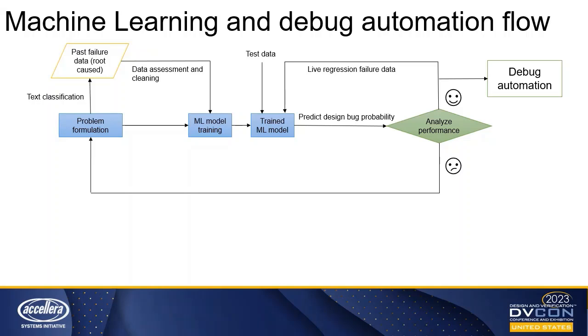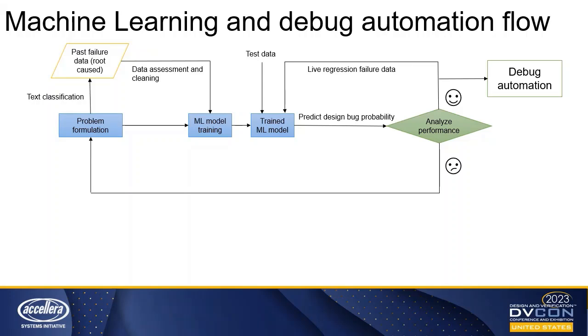As real-world data generally contains a lot of noise, data assessment and cleaning follows data collection. Once clean data is available, it is used to train the machine learning model and tune various hyperparameters to produce the best classification performance.